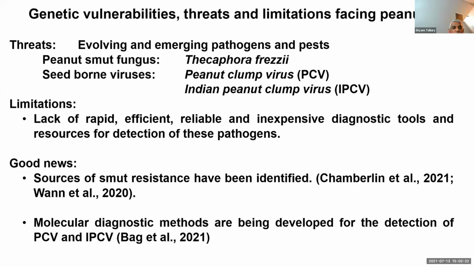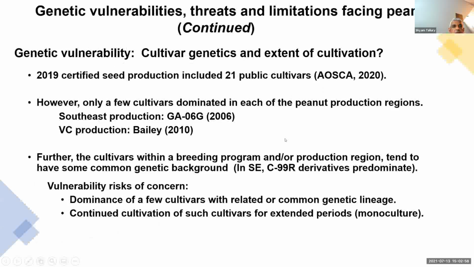But the limitation right now is the lack of rapid, quick, inexpensive and reliable diagnostic tools. So the USDA-ARS group in Oklahoma is working to develop diagnostic tools for smut resistance, and Dr. Sudeep Bagh has been developing molecular diagnostic methods for the detection of these two seed-borne viruses.